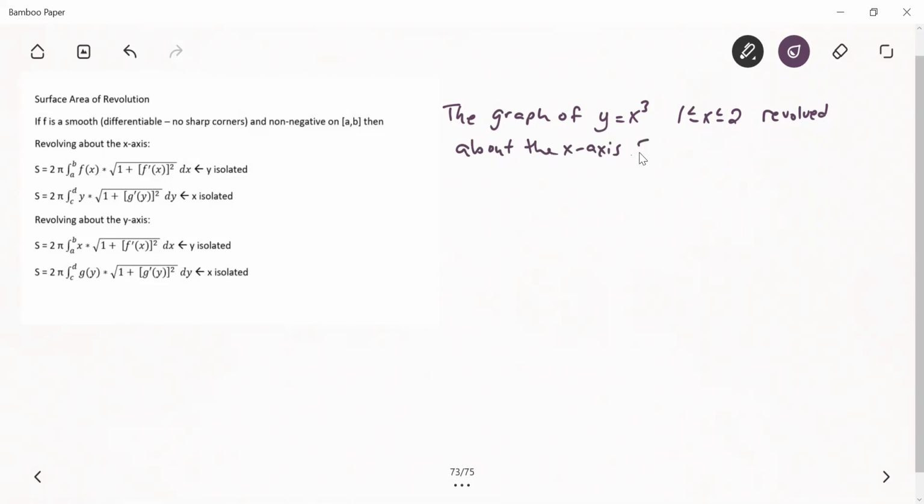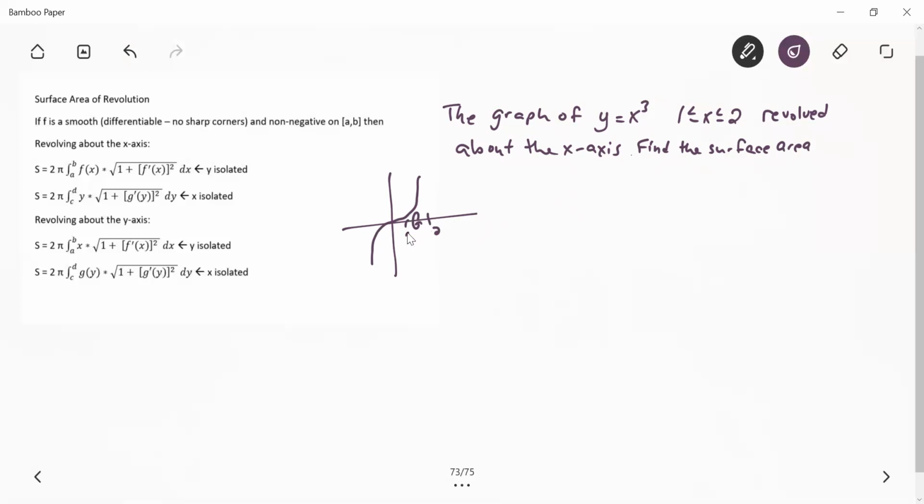And let's find the surface area. So if you think about y equals x cubed, that's this function, from 1 up to 2, and we're going to revolve this about the x-axis, and we're just looking at that surface area. We're not looking at the area or the volume, we're just looking at that surface area from 1 up to 2.